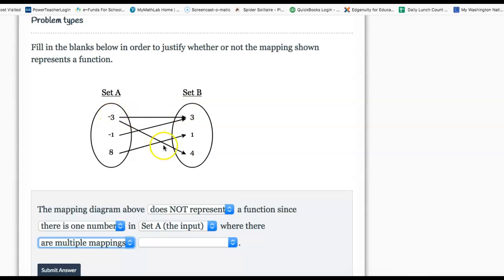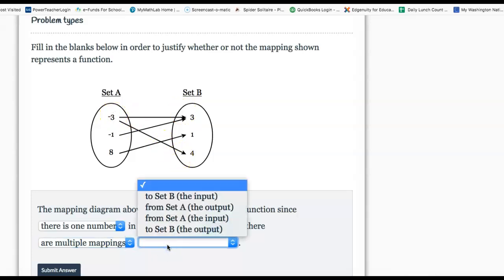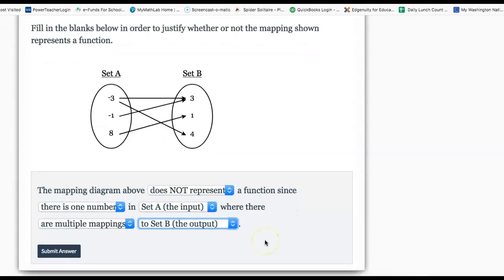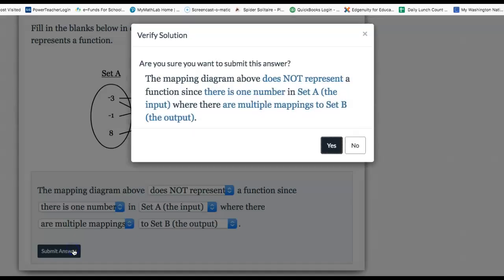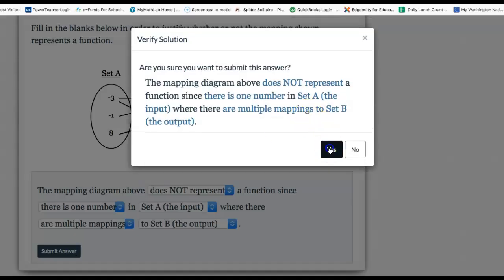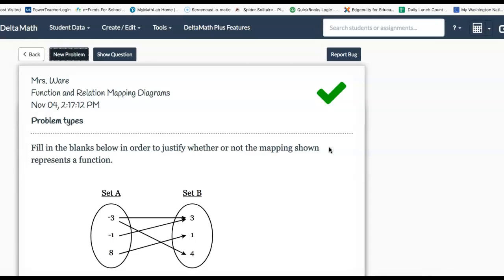So there's one, there's two, there's multiple, to set B, the output. So this is not a function because -3 has two answers. It could be a perfectly fine relationship, but it's not a function.